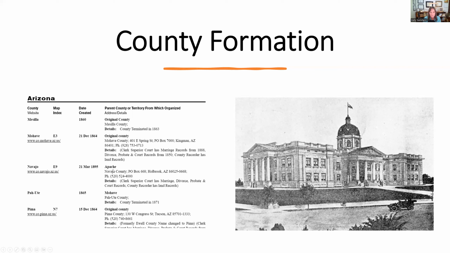This one tells me that it was created from the Apache County. So again, if I have an ancestor that lists that they were born in Navajo County in 1890, that would be incorrect. I would have to list it as Apache. I want to make sure I have the correct county. So not only do we want the correct state or territory, we also want the correct county.